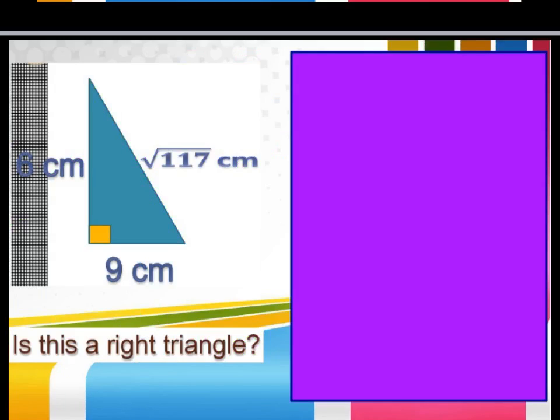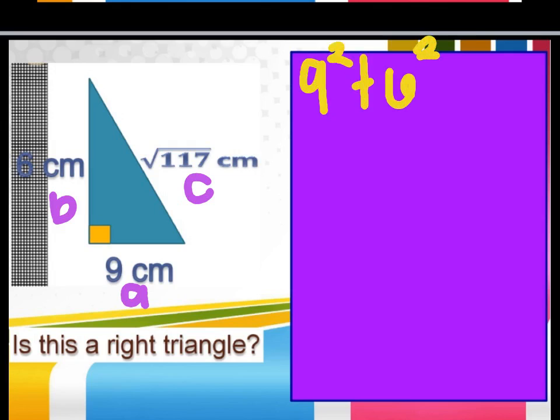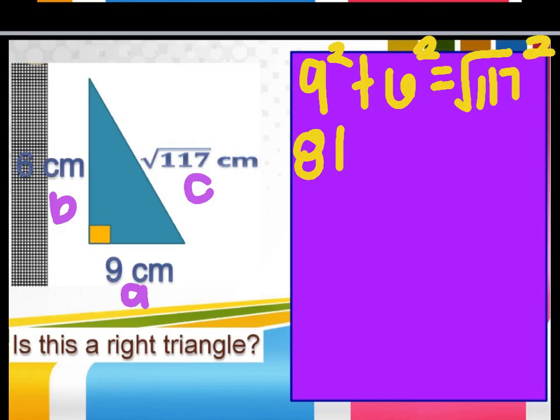All right, last problem. Longest side is C, and then just assign A and B. Doesn't matter which one. So let's get a different color. 9 squared plus 6 squared equals the square root of 117 squared. 9 squared, I know, is 81, plus 6 squared, 36.